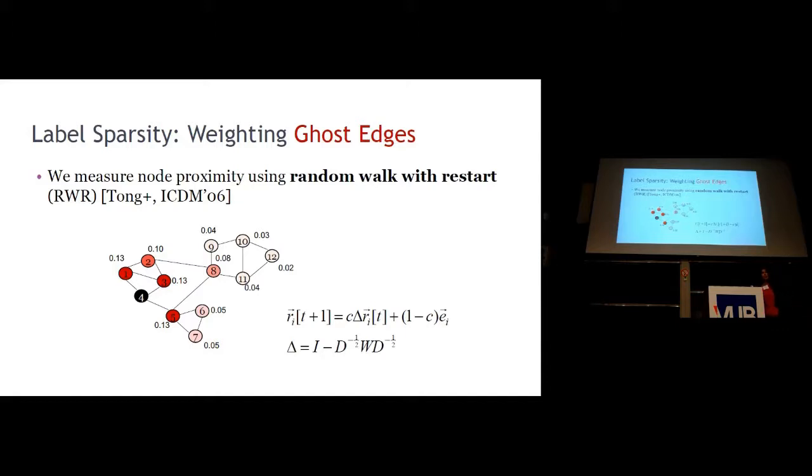If you want to think about it in terms of English words, this rank vector is giving you the closeness of node 4 to another node, and that's a function of three things: the number of paths between node 4 and another node, the length of those paths, and the weights on those paths, right? So a node that's closer will get a higher proximity value than a node that's further away, but a node that's further away and has a lot of ways that you can get to it would also get a higher value.